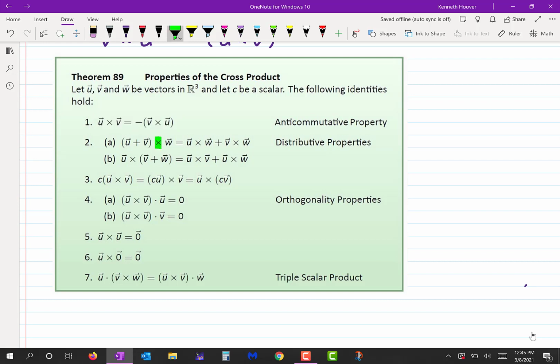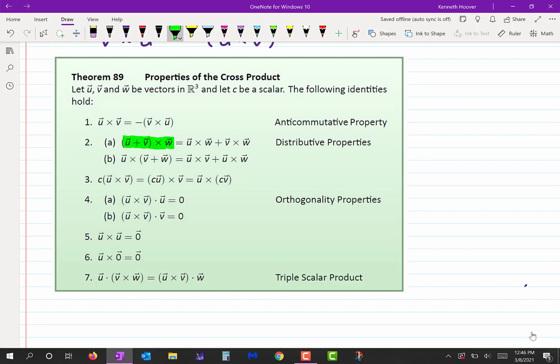If you do a cross product of a sum of two vectors, which is what, by the way? Let me erase that. When you do vector u plus vector v, what do you get? You get a vector, right? And they're saying, what if you did the cross product of that vector with a third vector?